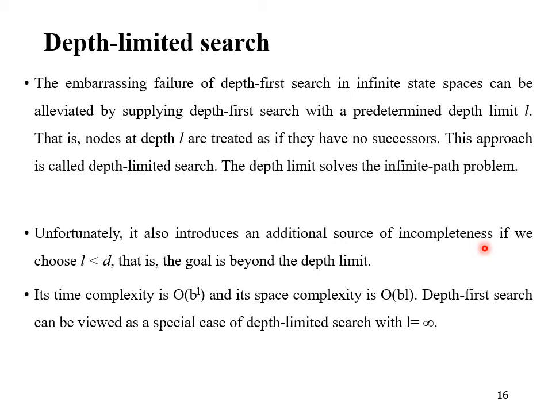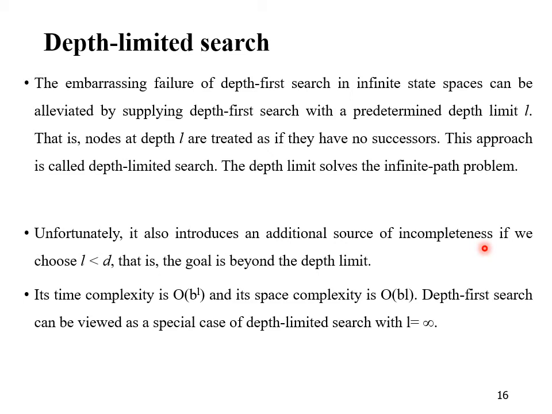Its time complexity is order of b to the power L, because its branching factor will be b and L will be the depth limit. In the case of depth first search, its time complexity is order of b to the power d. Here L is less than d, so its time complexity is lesser in comparison to depth first search.